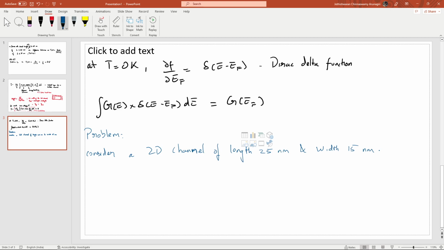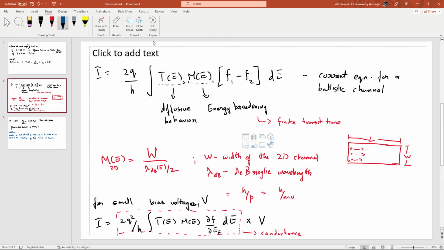So the question is, what is the conductance of this channel at T equal to 0 Kelvin? Most of the cases where you have to evaluate this integral, at least insofar as the exam is concerned, you will be given that the temperature is 0 Kelvin.